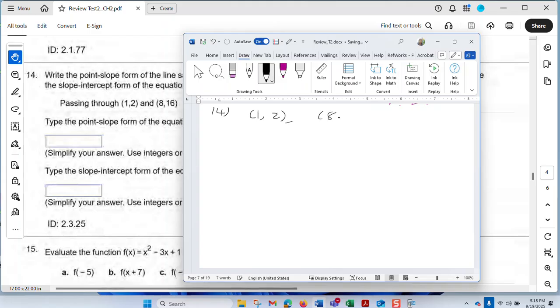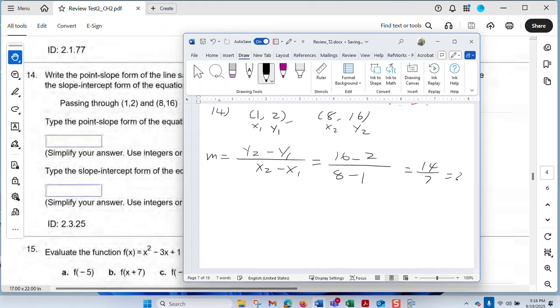We can say this one is x1, y1, this is x2, y2. So my m here will be y2 minus y1 over x2 minus x1. So that's 16 minus 2 over 8 minus 1, right? So that's 14 over 7. Oh, my slope will be just 2.